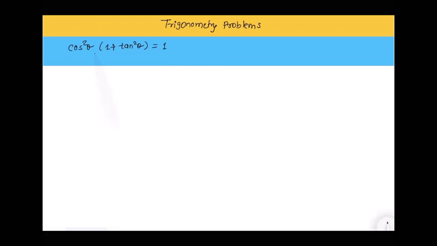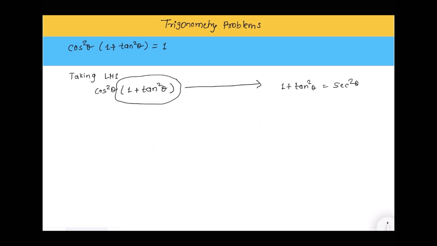Cos square theta into bracket 1 plus tan square theta is equal to 1. Taking LHS, cos square theta into bracket 1 plus tan square theta. Let's focus on the term which is in the bracket. That is 1 plus tan square theta. What is 1 plus tan square theta? 1 plus tan square theta is equal to sec square theta. So we get cos square theta into bracket sec square theta.